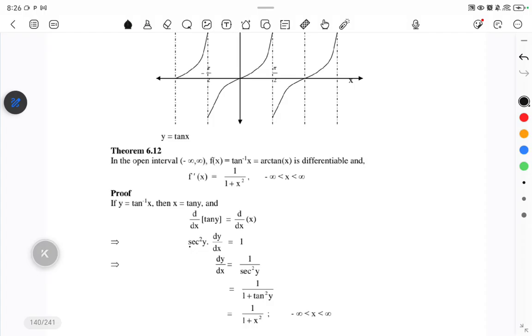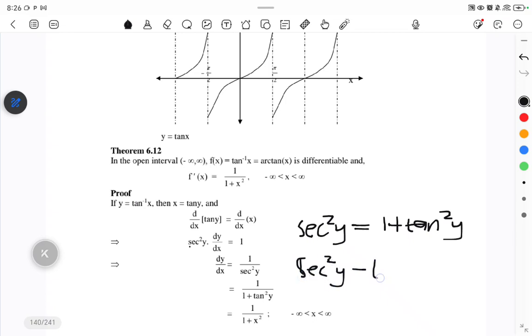And what do we know from this? We know that sec squared y is equal to 1 plus tan squared y. In this case, this is the same thing as having sec squared y minus tan squared y equal to 1. You see, right?